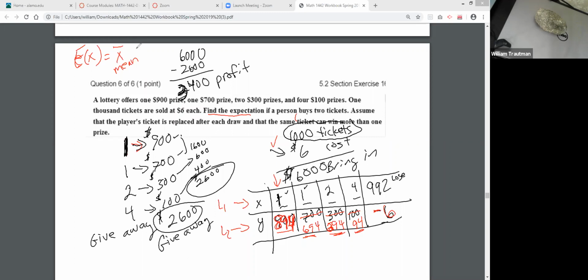Oh, I have an extra number in there. Delete. Stat, calculate, one var stats. Oh, it still gives me an error. L1, L2. Why is it giving me an error?